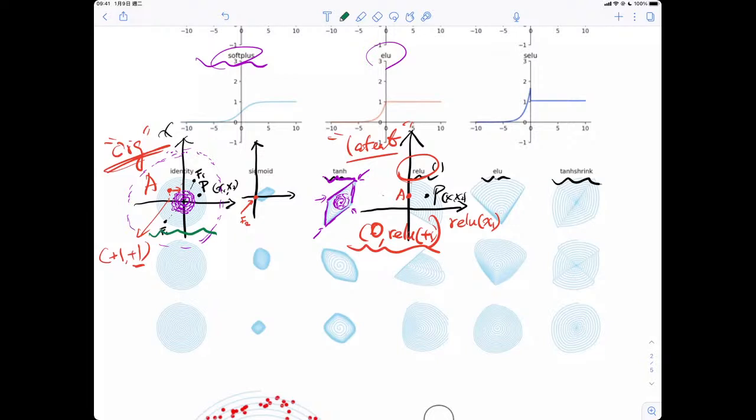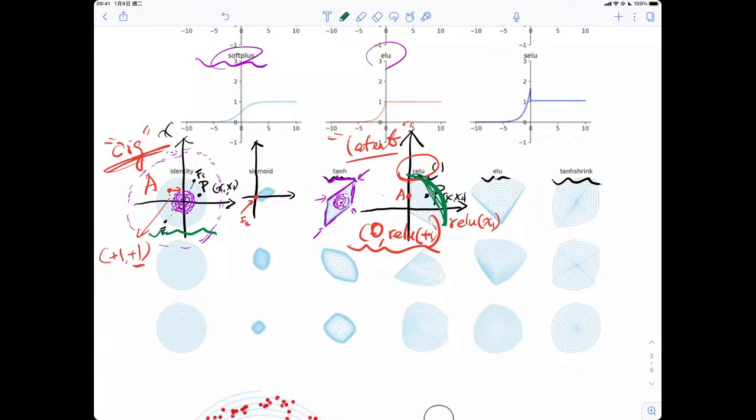For the tangent activation function, data which is very close to 0 will maintain its value, while if your input value is very far away from the original point, it will be squeezed to somewhere. For ReLU, negative values will be ignored, and positive values will be mapped to some place. There is also ELU and some other functions.